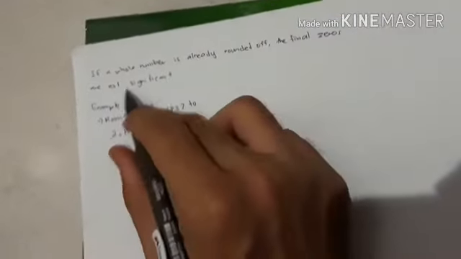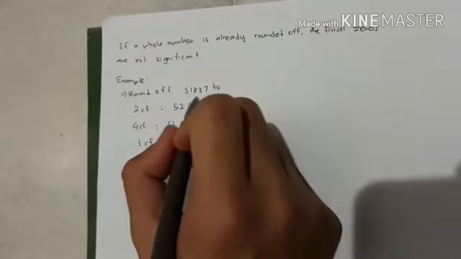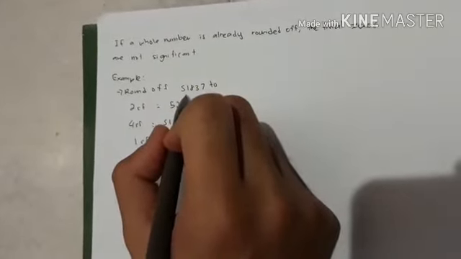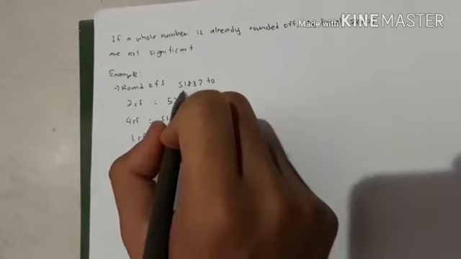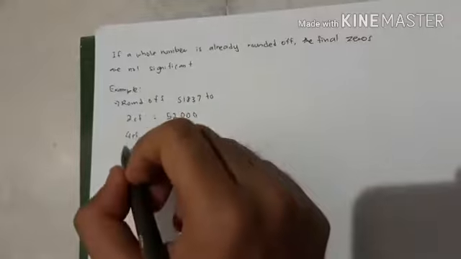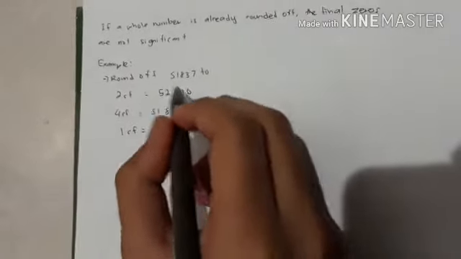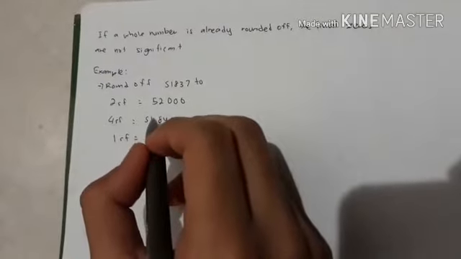If a whole number is already rounded off, the final zeros are not significant. Such as if we want to round off this number, 51,837, to a few significant figures, we always count from the front number, not the last.